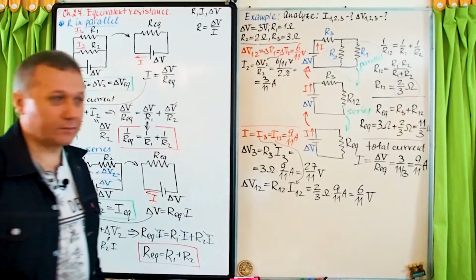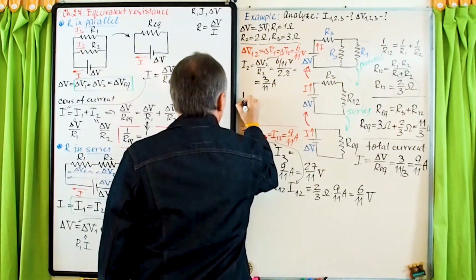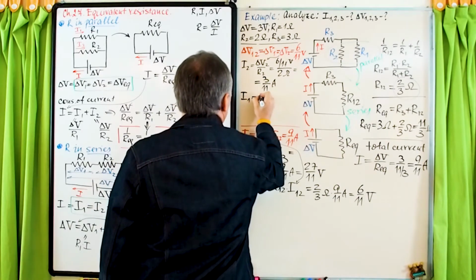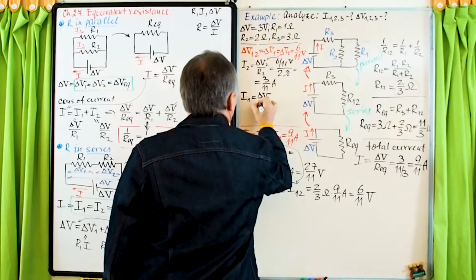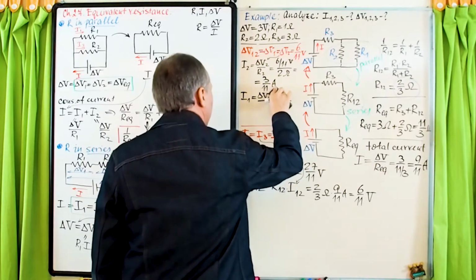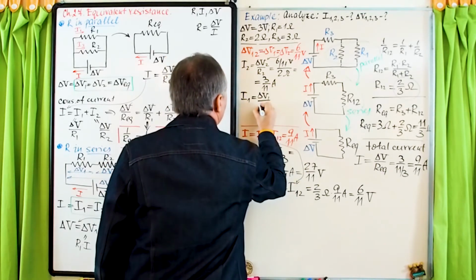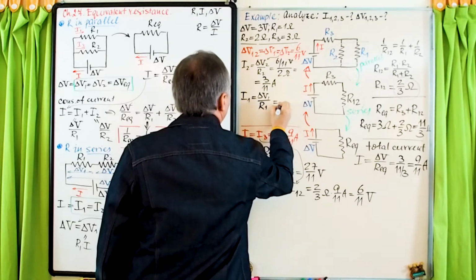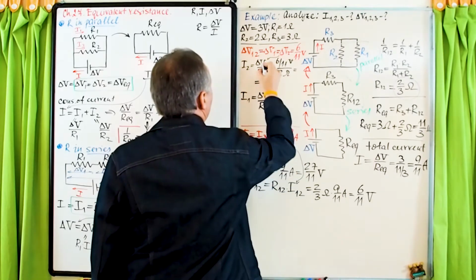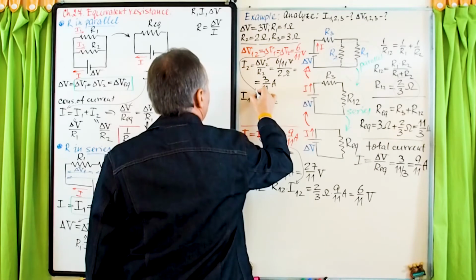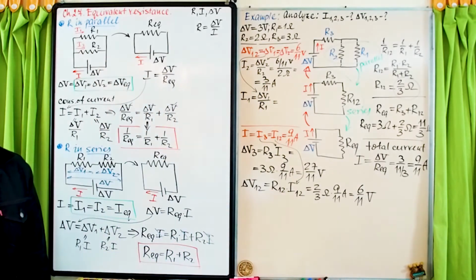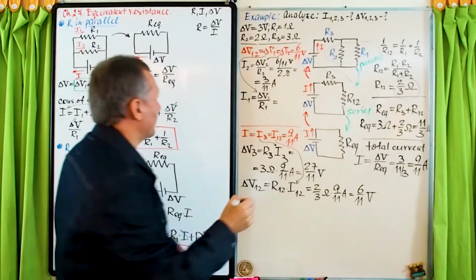And so now the last one in exactly the same way. So I1 equals delta V1 divided by R1. And again, delta V1 from the bridge. And R1 was given from the very beginning.